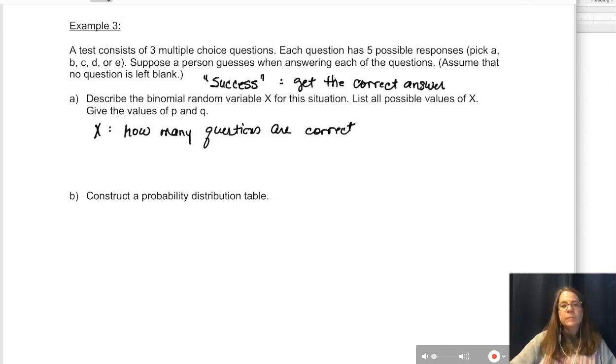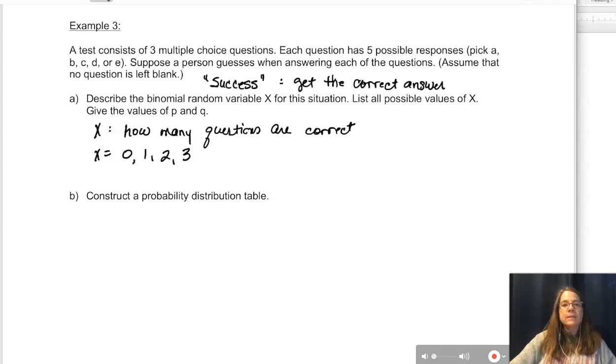If this person is taking the test that involves 3 questions, it is possible that the person gets 0 questions correct, or they could get 1 question correct, or 2, or all 3 correct.